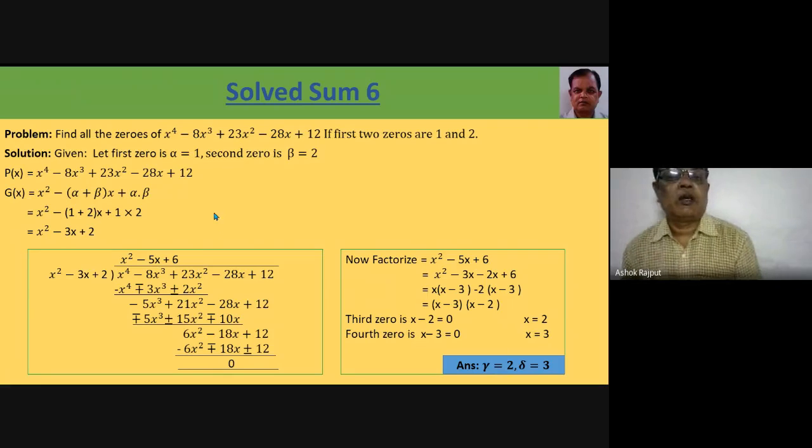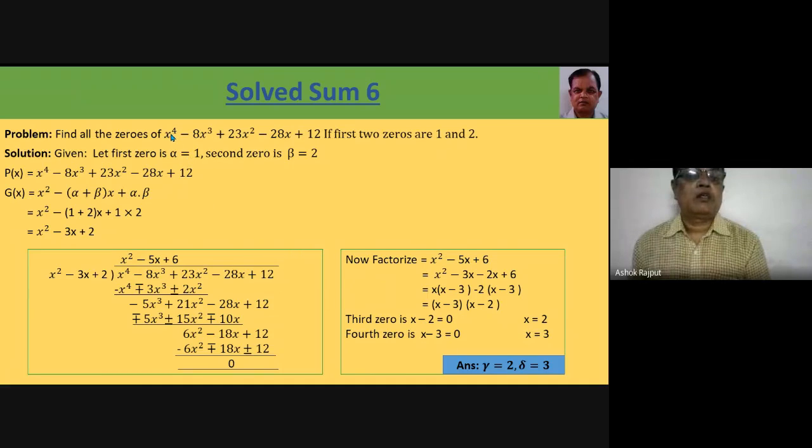So it is the method. It is somewhat different, because first we find g(x), then divide it, then factorize it, then we find the other two zeros. Because first two zeros are given, there is a need to find the other two zeros.